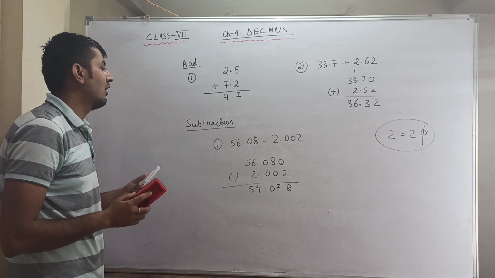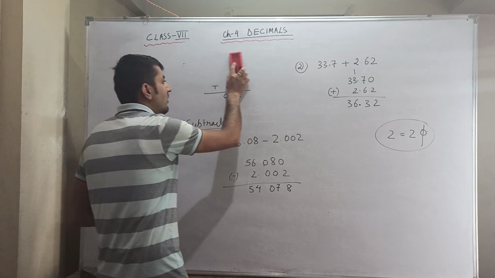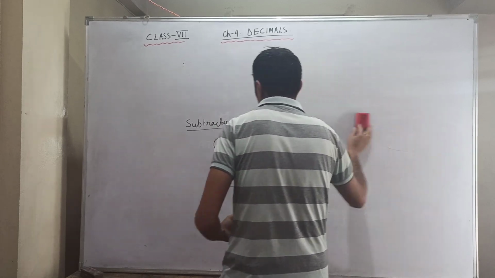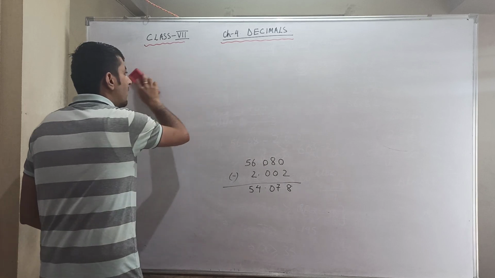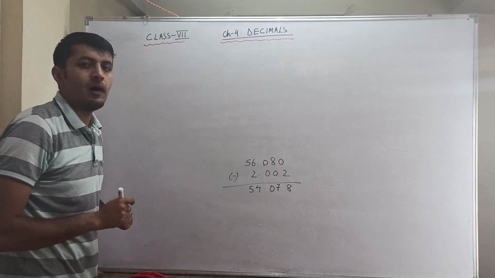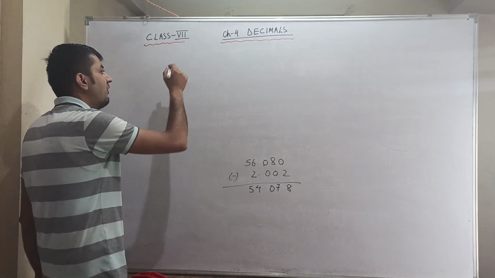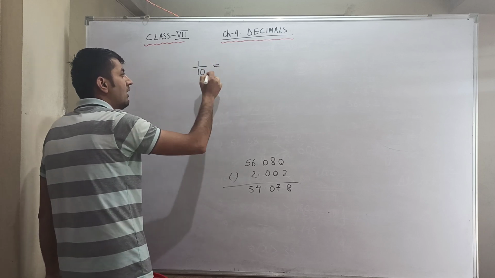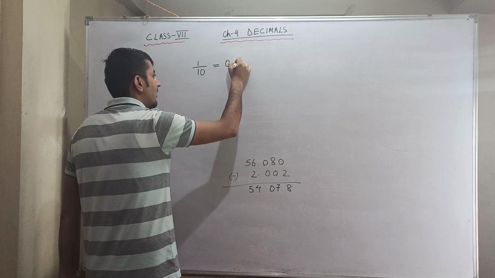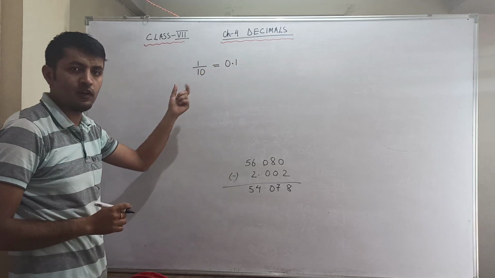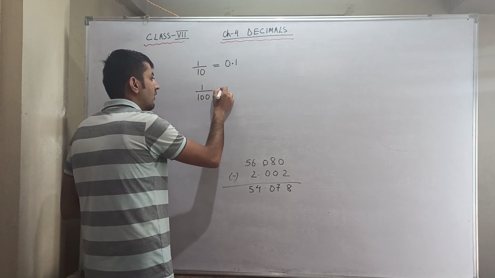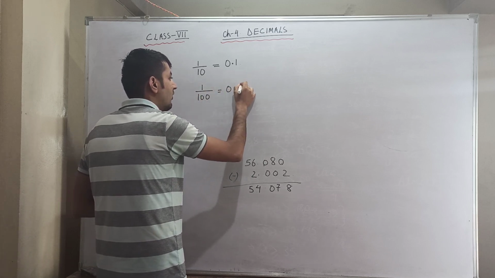Before I go to multiplication, let us see division by 10. If I give you 1 by 10, how much do you get? You get 0.1, that one you already know. If I do 1 by 100, you will get 0.01.